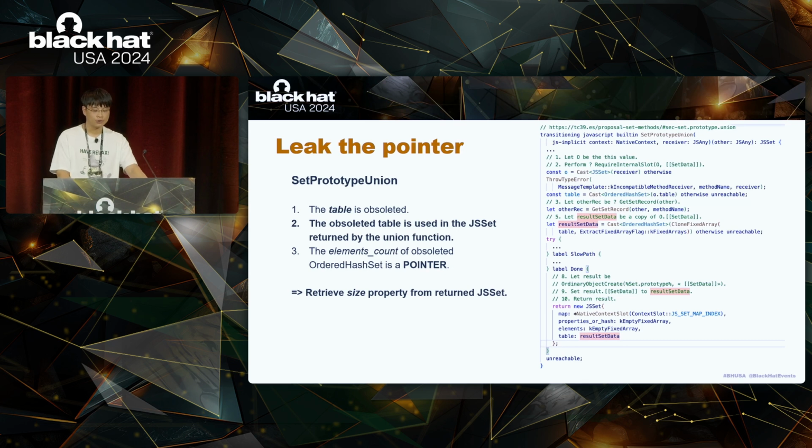Since the union method makes a complete copy of the entire obsoleted table, the table of the JSSet returned by this method is also obsoleted. Again, the property next table and the property size share the same memory slots in ordered hash sets. We can then try to leak this next table value by accessing the size property of the JSSet.